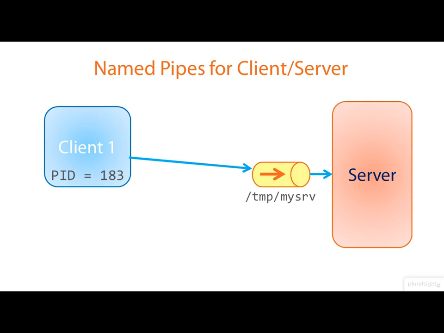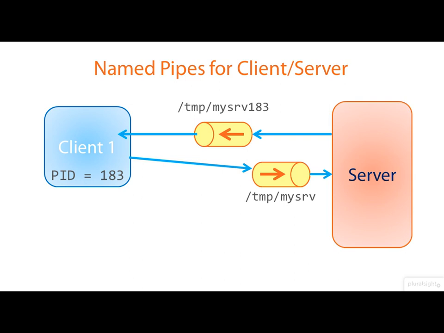Now the pipe is unidirectional, so if we want to get a reply back from the server to the client we need another pipe, and the question is, what do we call it? Well, one solution in order to guarantee a unique name for this pipe is to name it after the process ID of the client, 183 in this example.